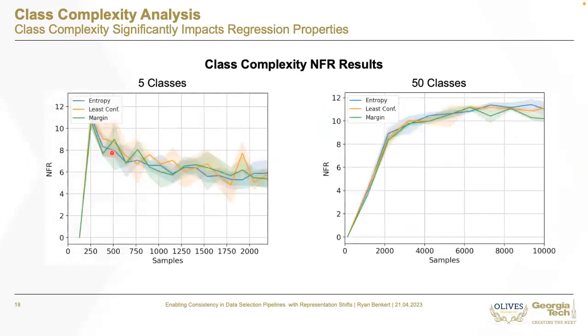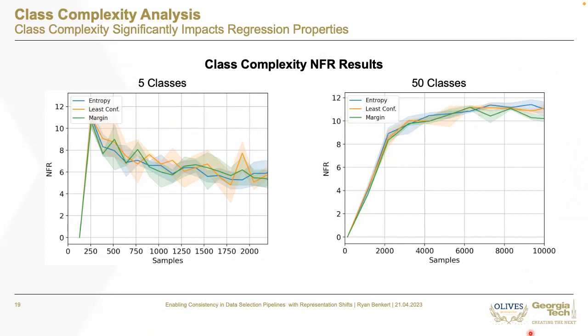What I'm showing you here are two different sets of NFR curves. On the x-axis, once again, you can see the size of the labeled training set, and it increases when we add more data to the pipeline. What you can see on the left side is when we have 5 classes of CIFAR-100, and on the right side is when we have 50 classes of CIFAR-100.